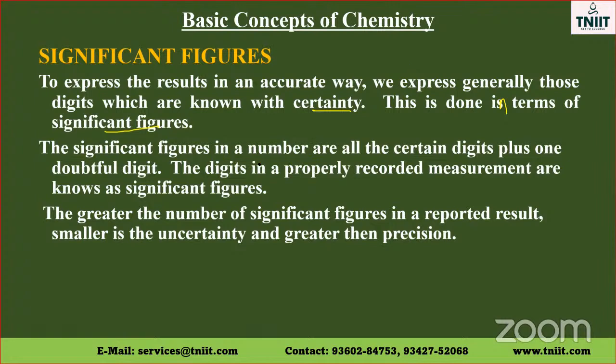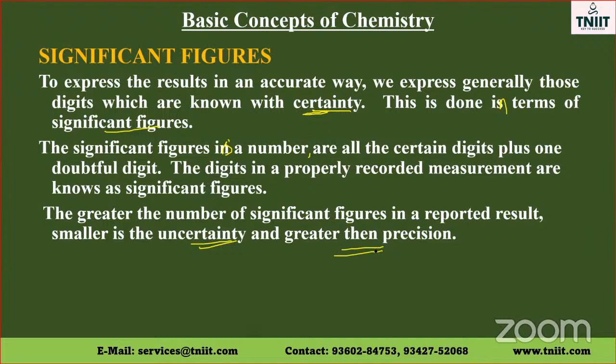Significant figures in a number are all the certain digits plus one doubtful digit. The digits in a properly recorded measurement are known as significant figures. The greater the number of significant figures in a reported result, smaller is the uncertainty and greater is the precision.